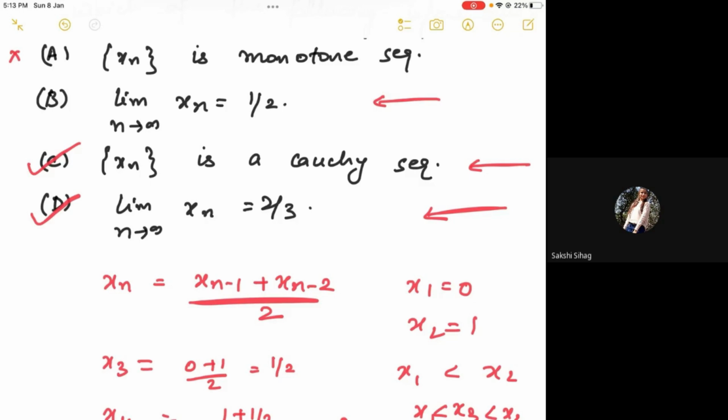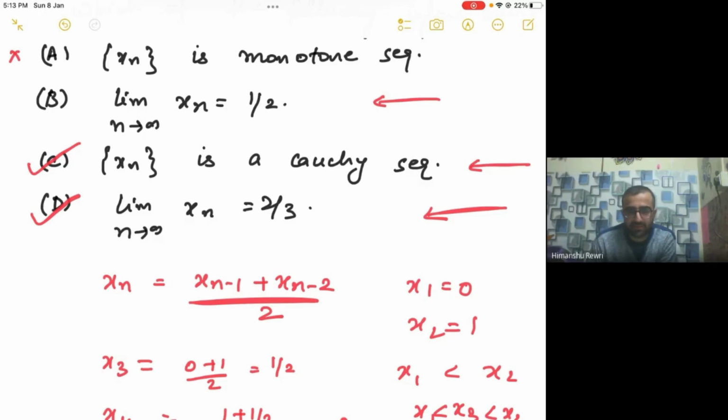If we take 2 to the left side, 2 xn is equal to xn minus 1 plus xn minus 2. Yes, 2 xn is xn minus 1 plus xn minus 2.